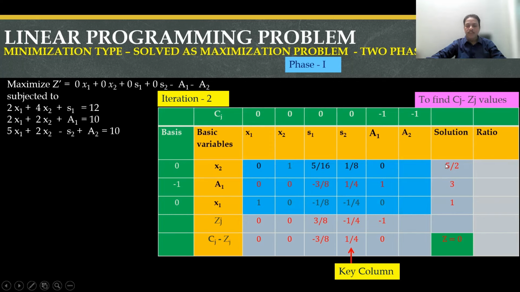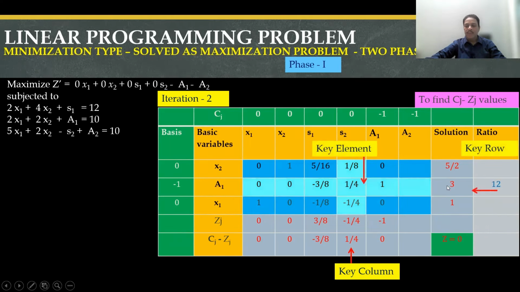We divide the solution column by the key column values and we get 12 as the minimum value, and A1 is now the variable which will leave the solution and S2 will enter the solution, and the key element here is 1 by 4.